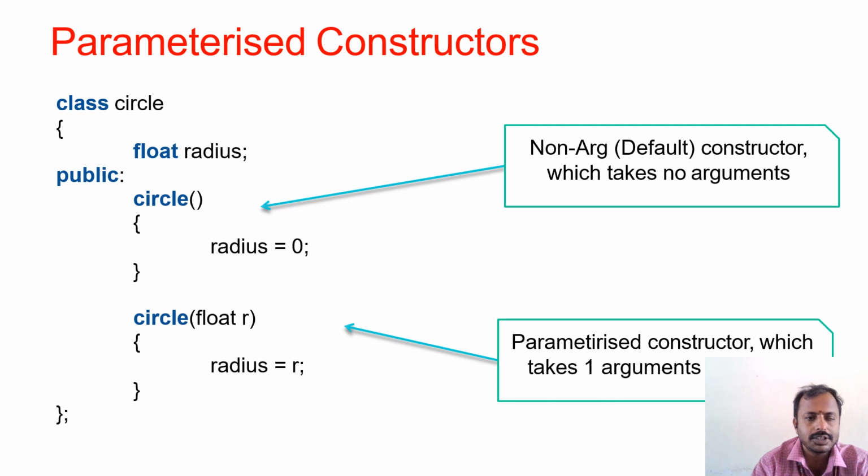So here I am going to overload the constructor. This is what is called constructor overloading. There are two constructors which have the same name but a varying number of arguments, and this is called constructor overloading.